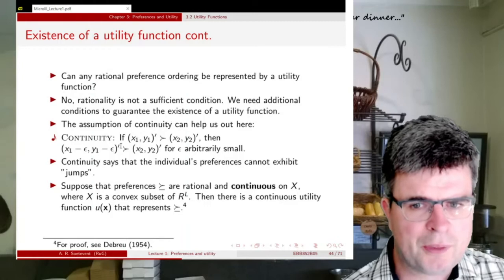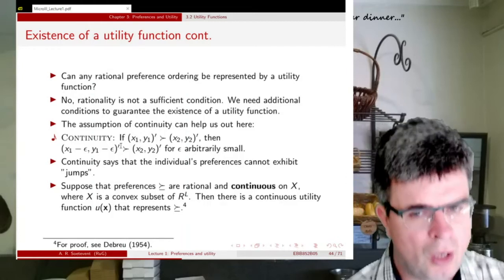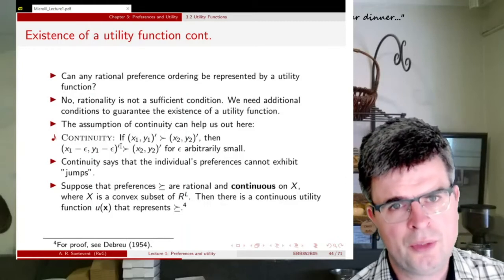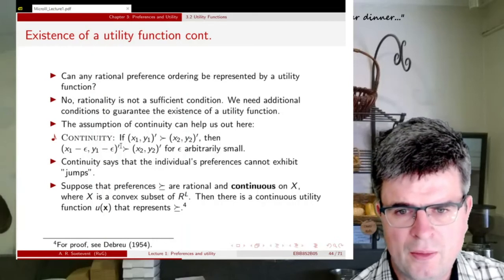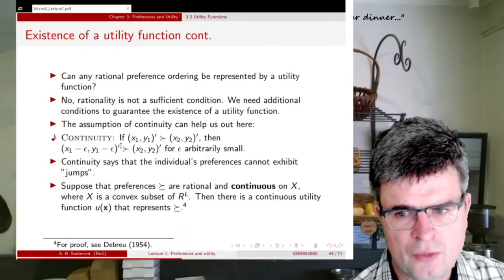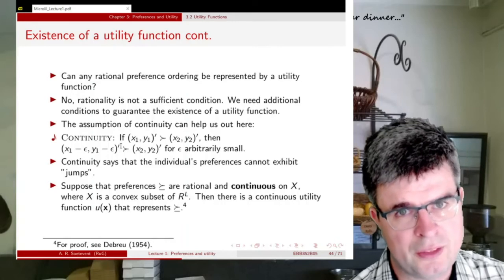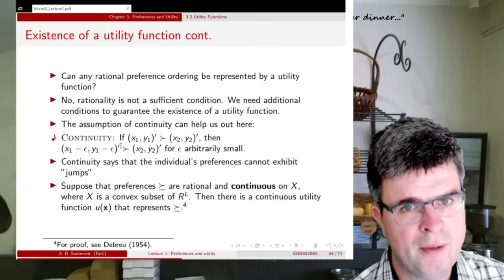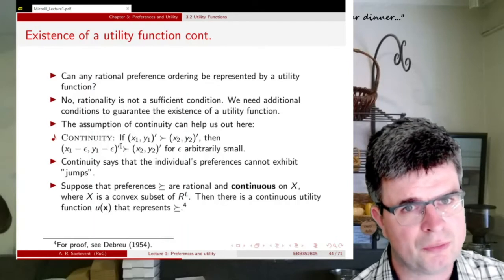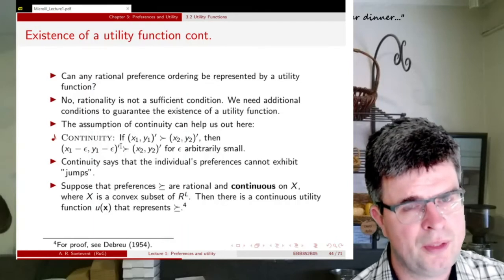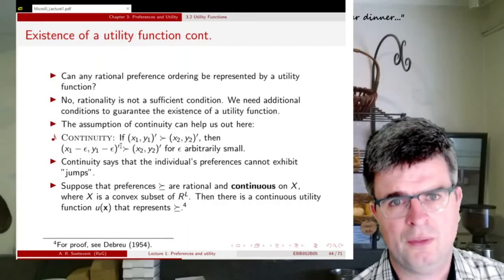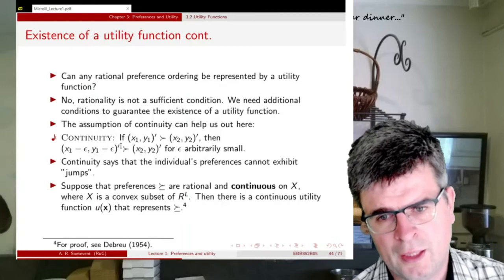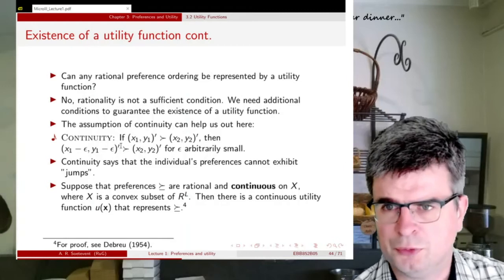Now, suppose that the preferences of an individual are rational and the continuity axiom is also satisfied. Then there is a continuous utility function that represents these preferences. So if the underlying preferences are rational and satisfy continuity, then we can always find a utility function to represent those preferences. And again, I don't give a formal proof.